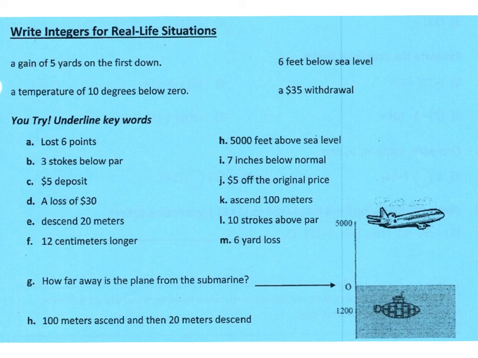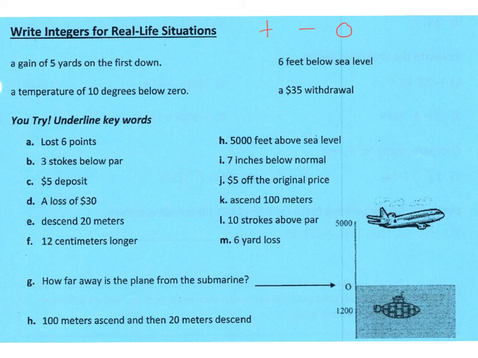So that means that there's some vocabulary you have to make yourself familiar with. The vocabulary is going to help us decide whether we're using a positive integer. Some of it's going to represent positive integers, some of it's going to represent negative integers, and sometimes it's going to be 0, whatever the situation is.